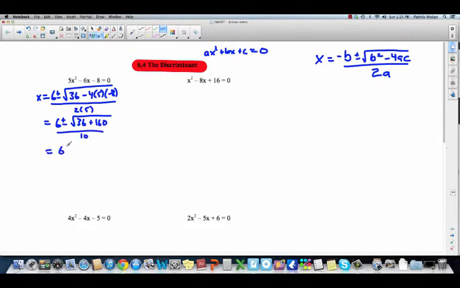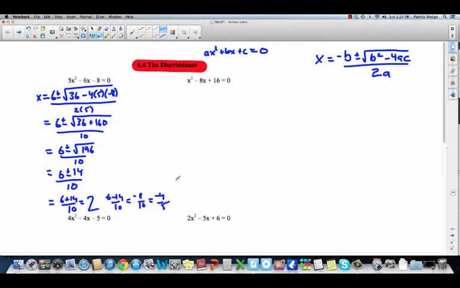So you get 6 plus or minus the square root of 196 over 10. You can take the square root of 196, it's 14. So you get 6 plus or minus 14 all over 10. There's two answers, 6 plus 14 over 10 and 6 minus 14 over 10. So 6 plus 14 over 10 is 20 over 10, which is 2, and 6 minus 14 is negative 8 over 10, which is the same as negative 4 over 5. So here's our two answers, 2 and negative 4 over 5.